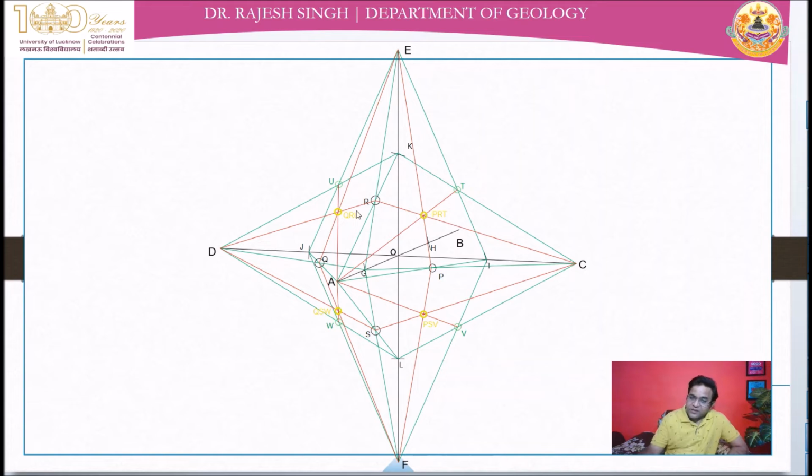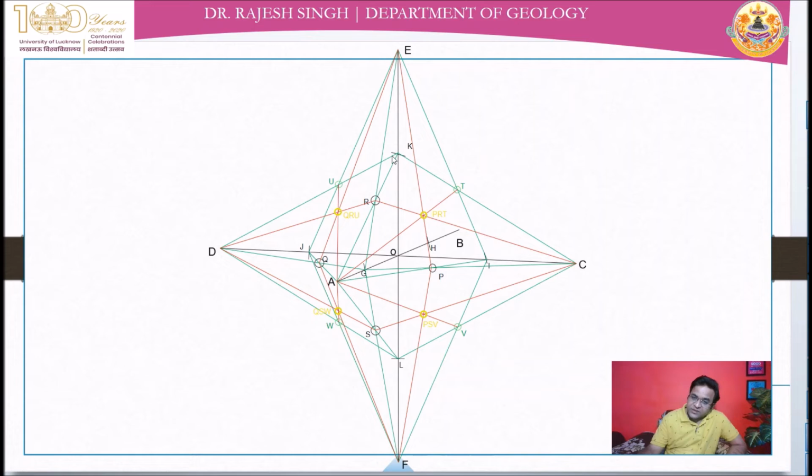Similarly from Q you have to join U, R and Q. Similarly from here you have to join Q, S and W, and from this point you have to join P, S and V. And for the other outlines, how many do we get? 3 here, 3 here, 3. So in total these 12 lines you have to mark as dark outlines.